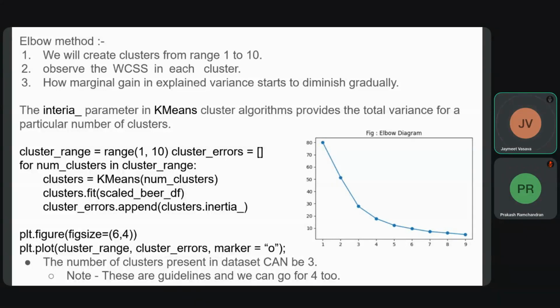And when we plot the graph, you can see that from observation 1 to observation 3, the curve starts to flatten out. So we can use 3 or 4, both of them. But for now, we will go with the cluster value, or k value, as 3.